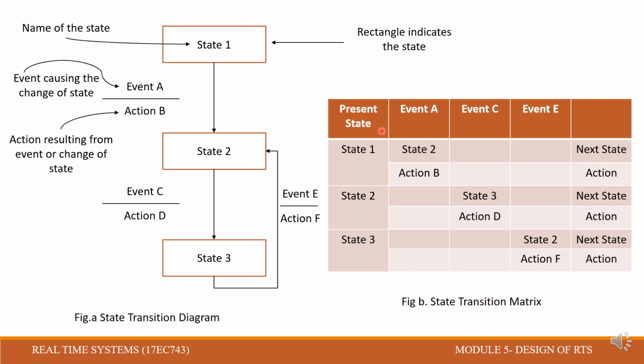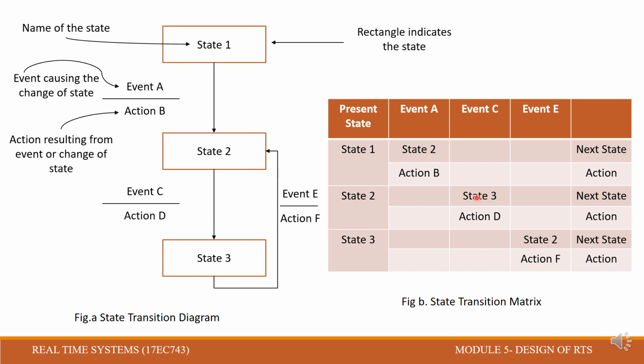Here we have the present states, state 1, state 2, state 3, and the events, event A, event C, event E. So write down all the events, and then write the next state and the action initiated. For state 1 the next state will be state 2, and the action initiated will be action B. It's very simple.